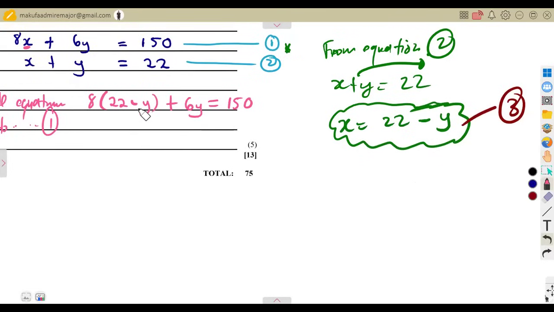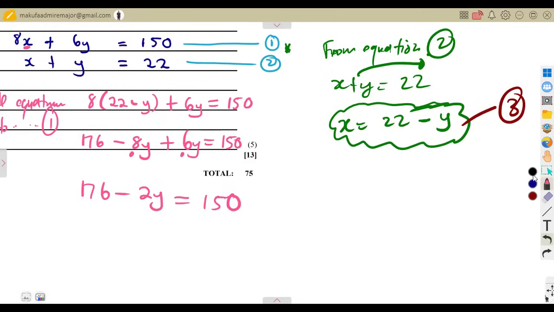After that, expand the brackets, then solve 8 times 22, that's 176. 8 times minus Y, which is minus 8Y, plus 6Y is equal to 150. So collecting the like terms, we can simplify this: 176, minus 8Y plus 6Y, that's minus 8 plus 6, and that gives us minus 2Y, which is equal to 150.